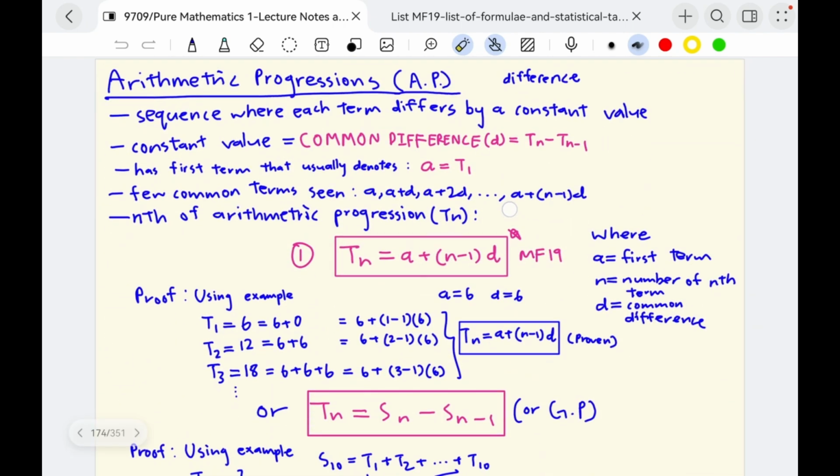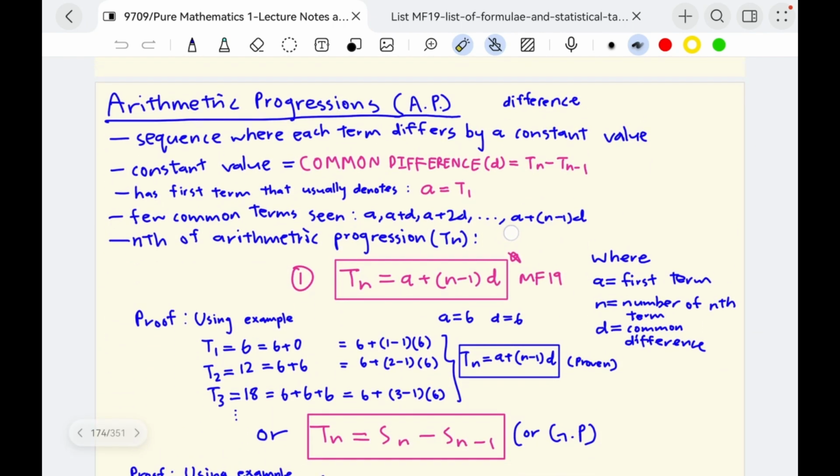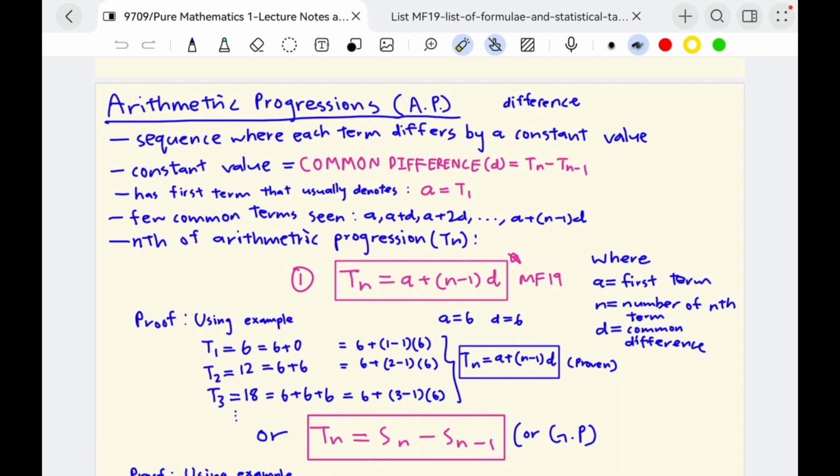Let's move on to subtopic 2, which is the arithmetic progression. What is arithmetic? Arithmetic means addition and subtraction. I apologize that I don't have any extra notes, so please write it by yourself. Arithmetic means plus minus.